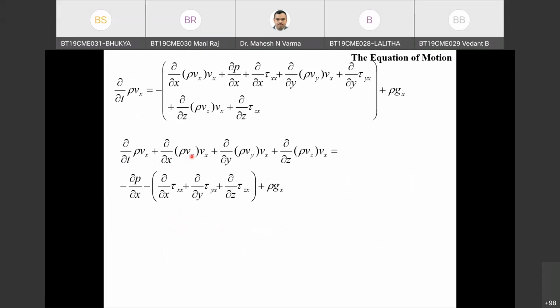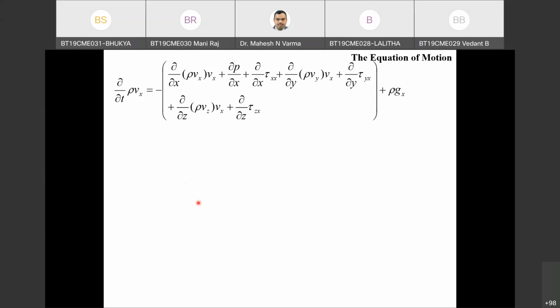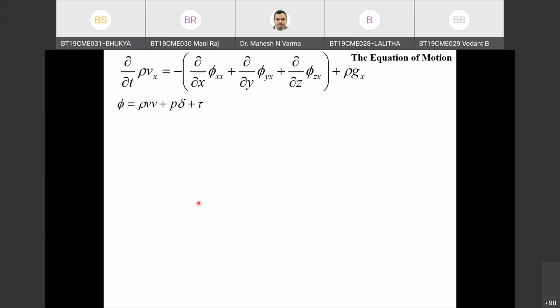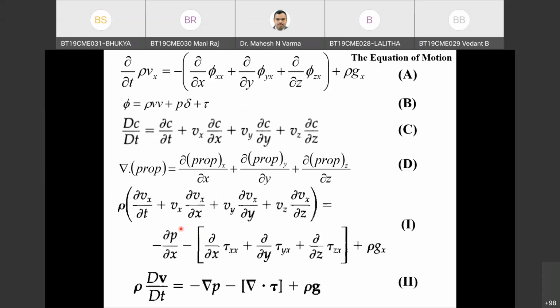So this is a rearrangement. All these convective terms are brought to the left hand side. Then you can see this is the RHS you got. RHS is this, you can see in this equation. So this RHS is rearranged, del P by del X, this thing.